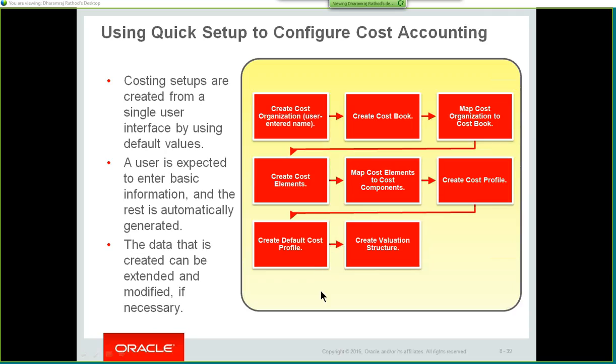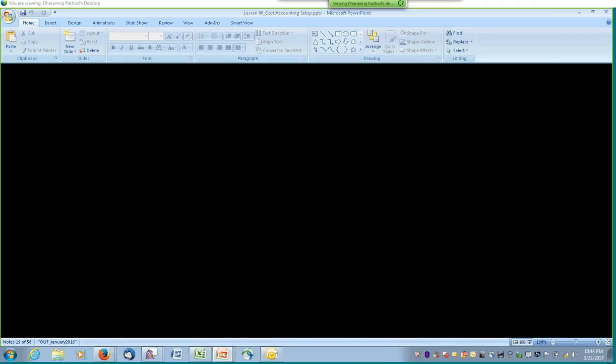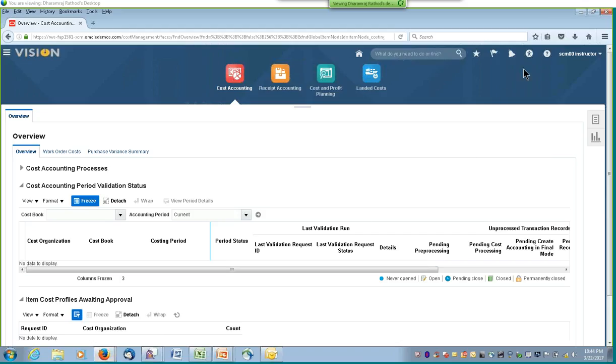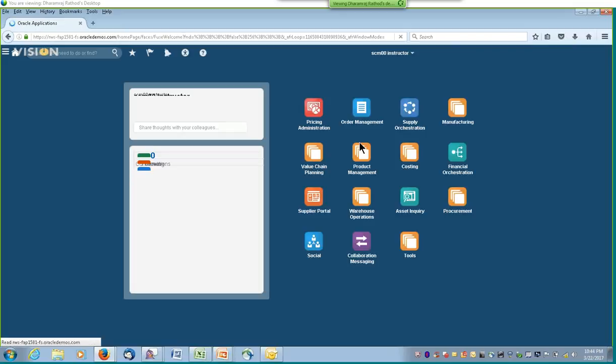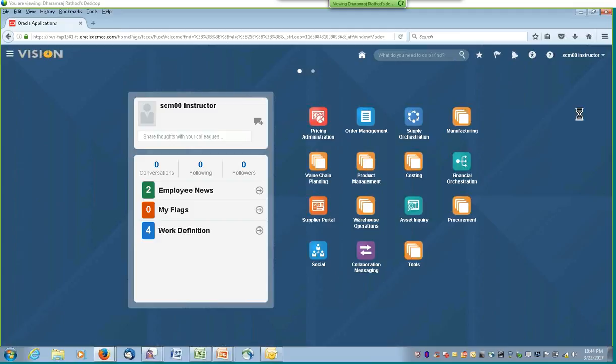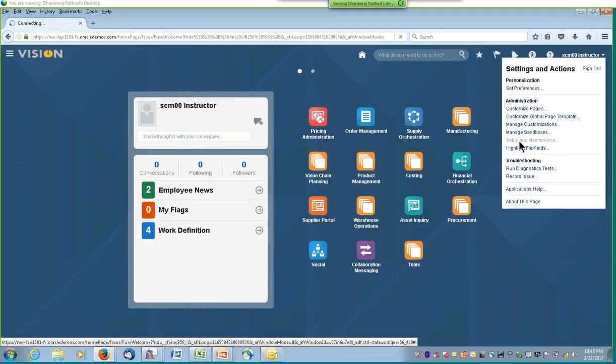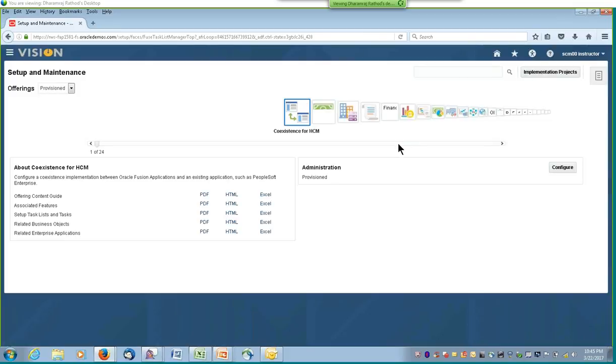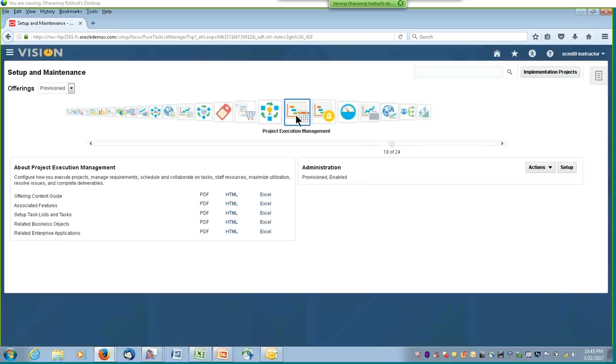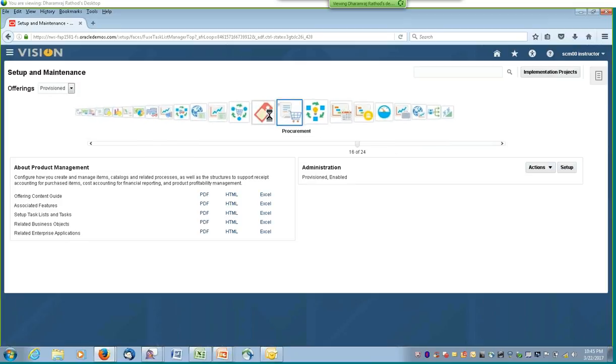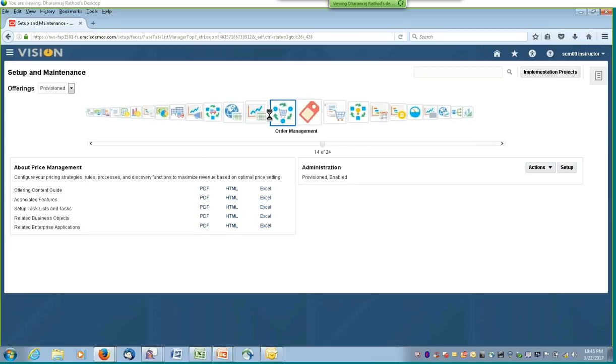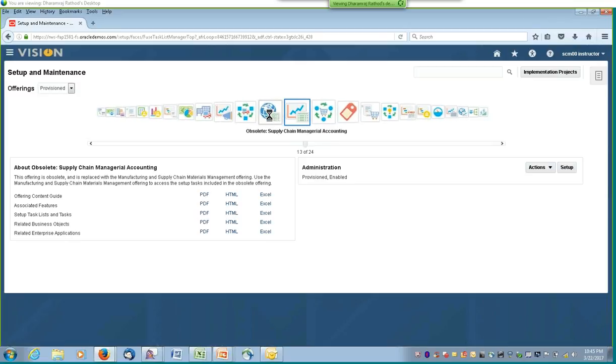From the quick setup standpoint, again, it is one of the ways you can create your setups on the fly. And what you do is you would go over again to FSM, setup and maintenance, and look at our supply chain offering.